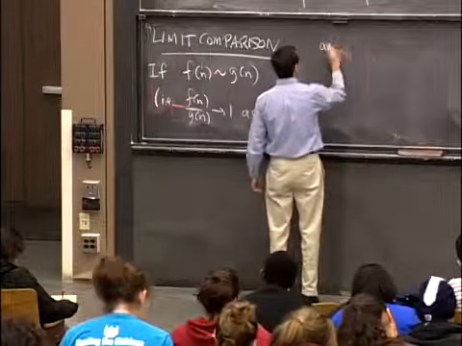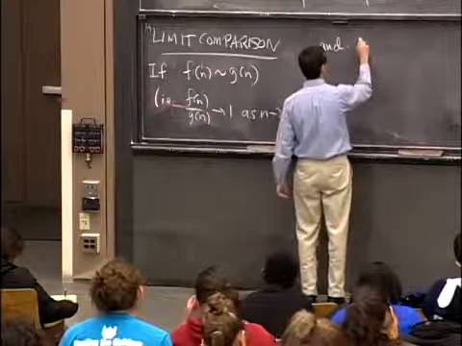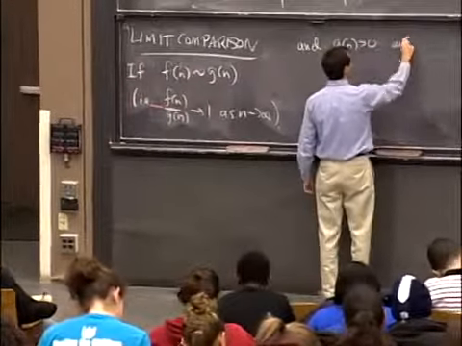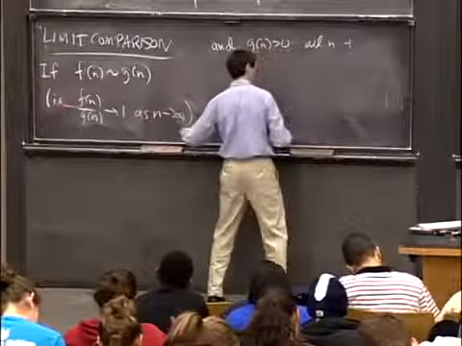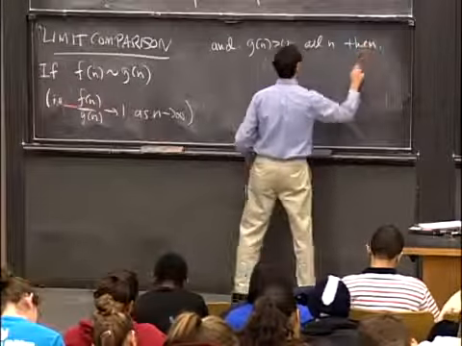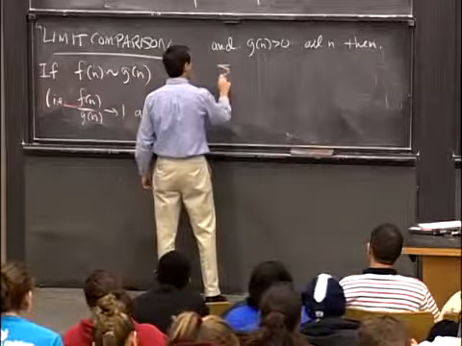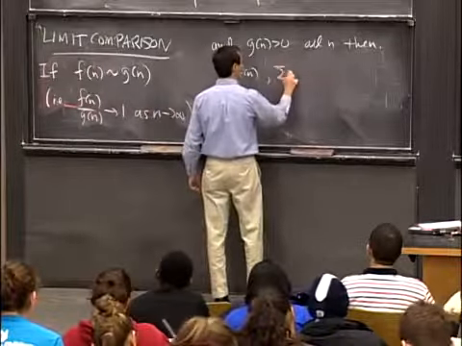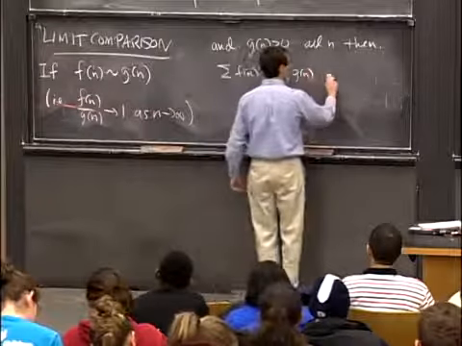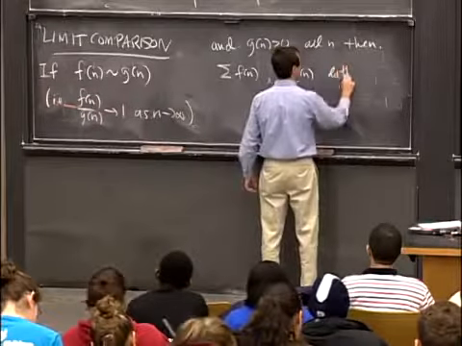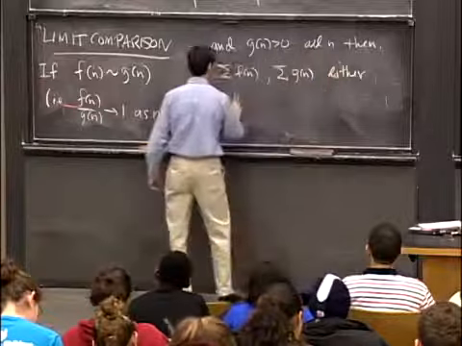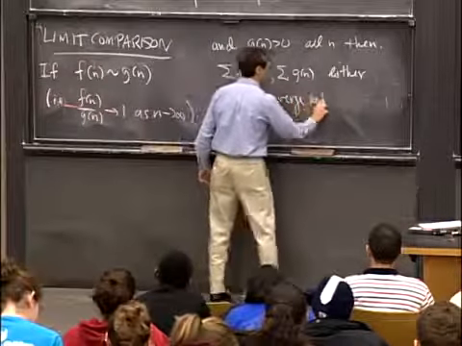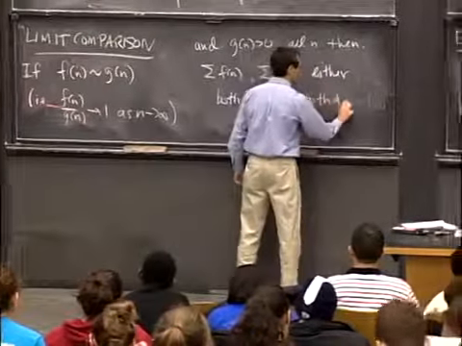And we're in the positive case, so let's just say g of n is positive. Then the sum of f(n) and the sum of g(n), same thing as above, either both converge or both diverge.